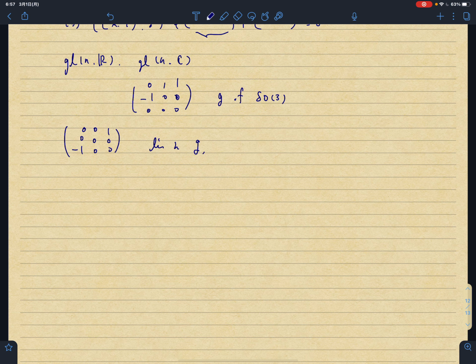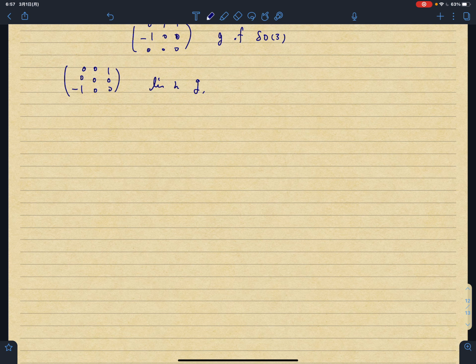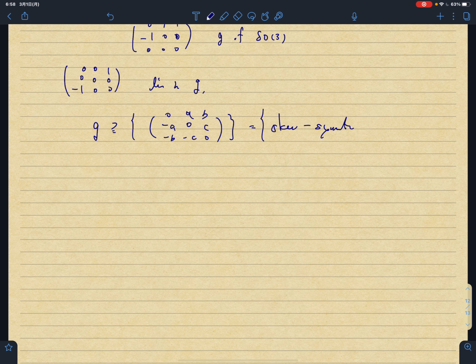Taking into account the vector space coordinate, we see that z is contained in the skew-symmetric real 3 by 3 matrices. Actually, equality holds in this inclusion.